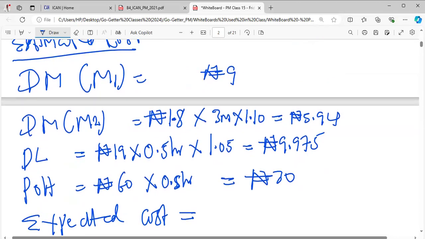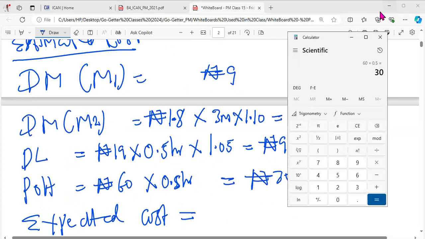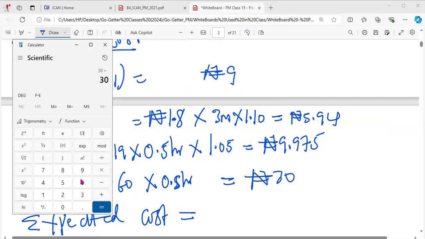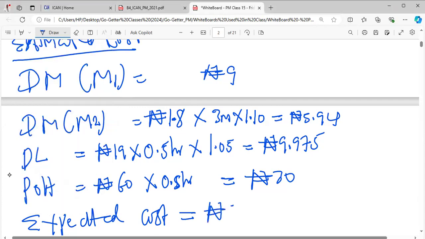So let's add them. I already have 30 naira on my calculator, so I'll start with 30 naira and move up: plus 9.975 plus 5.94 plus 9 naira. That will give me 54.915. Now that's your expected cost.